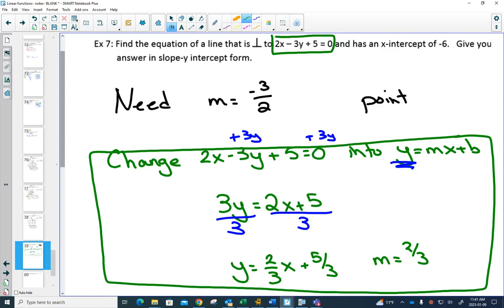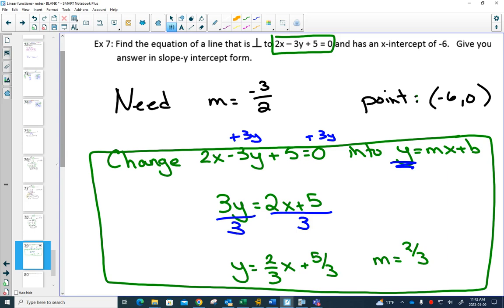The point is a little bit disguised. It says it has an x-intercept of -6. So we weren't given the point in its normal coordinate form. How would you write an x-intercept of -6 as a coordinate? -6, 0.